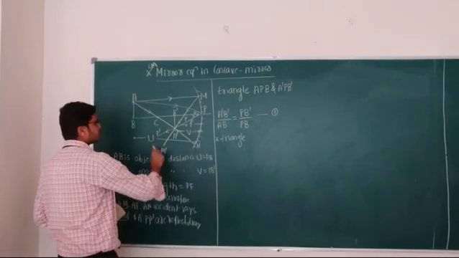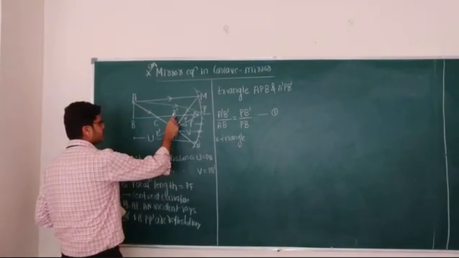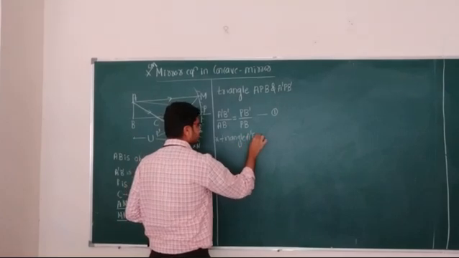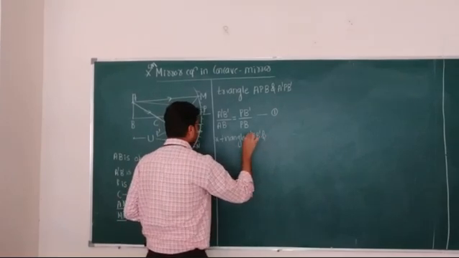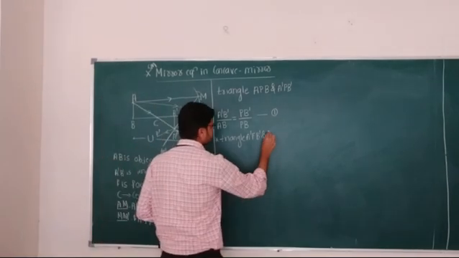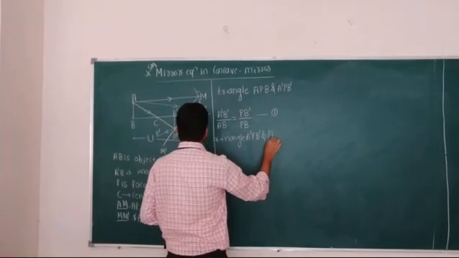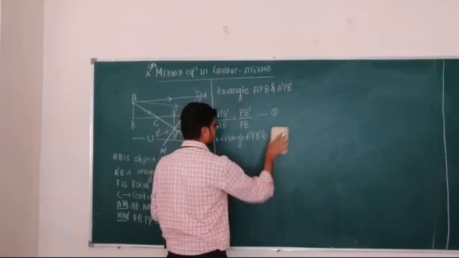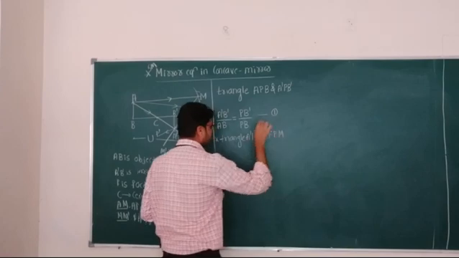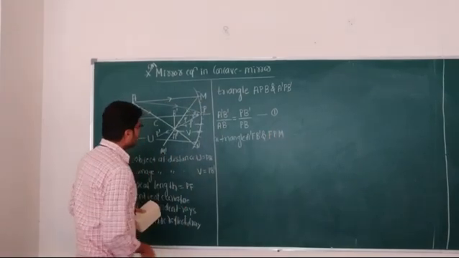This triangle A'F B', A'F B' and FPM. Now, how are they arranged?